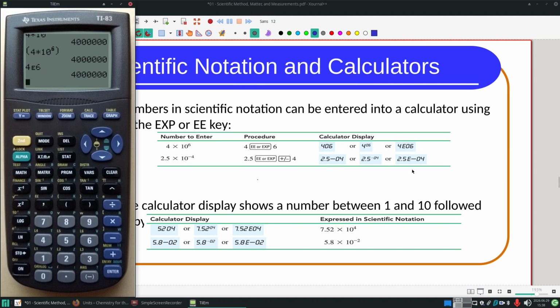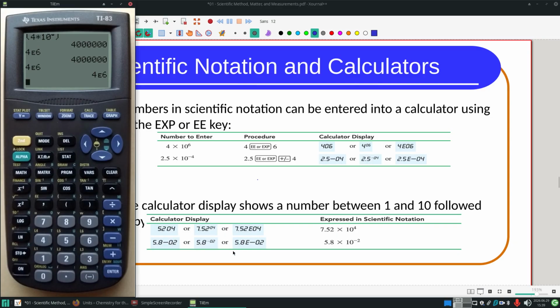Now, what's very nice, if I want to know what this looks like in scientific notation, most calculators have the ability to change the mode that it displays. And in this one, if I just change that to scientific mode, and then go back out of here, it says the same, but if I hit enter again, it will just recalculate that last number and put it into scientific notation.